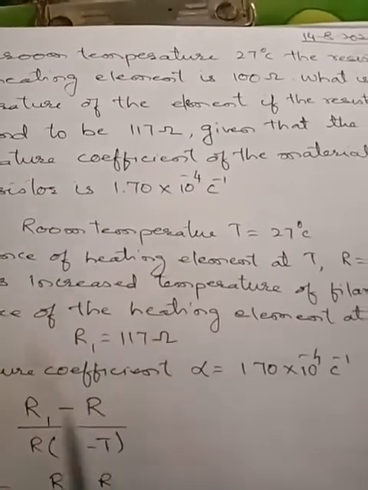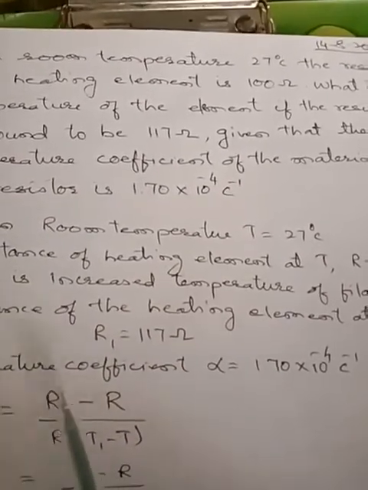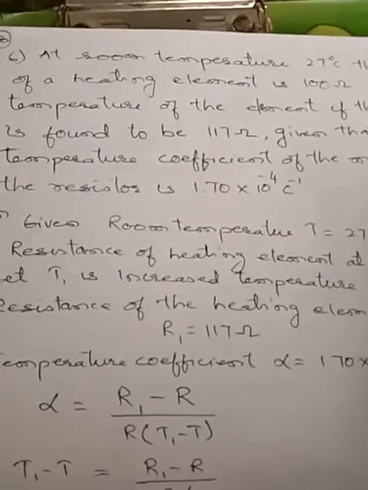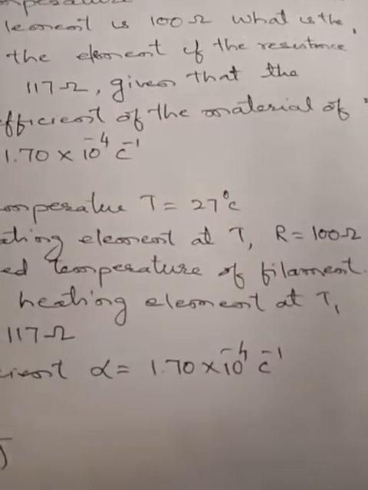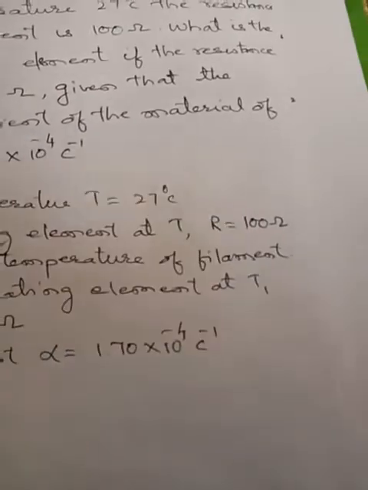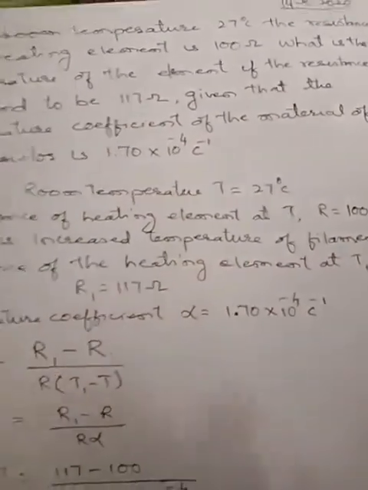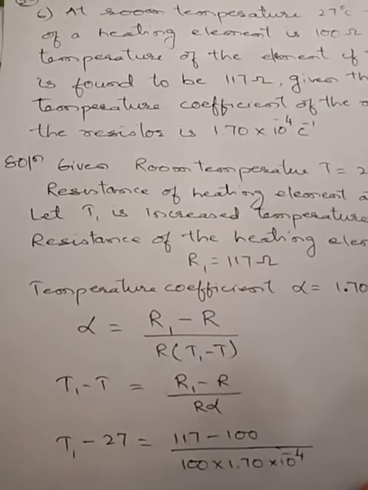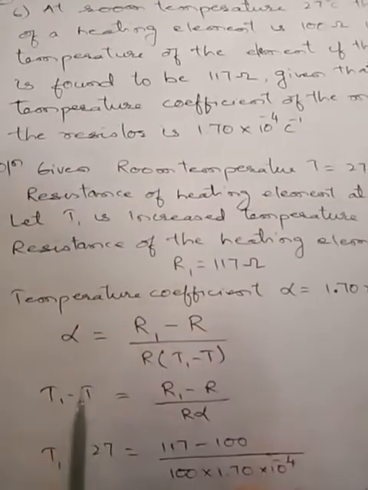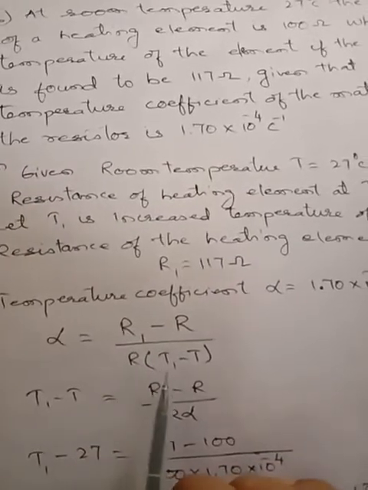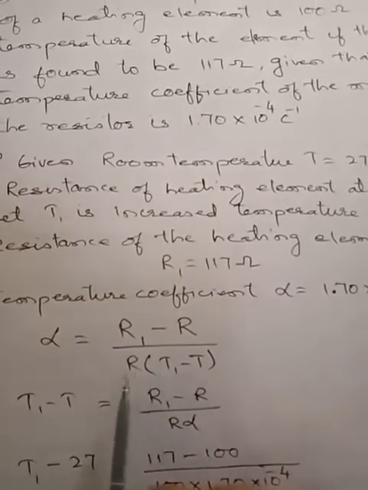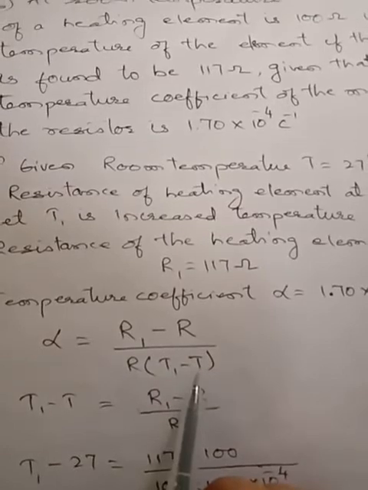Clear? Further, temperature coefficient alpha is given to you, 1.70 into 10 to the power of minus 4. Now we have the formula: alpha is equal to (R1 minus R) divided by R into (T1 minus T).